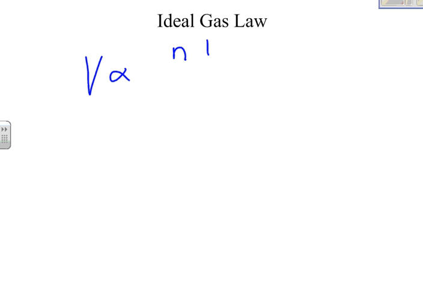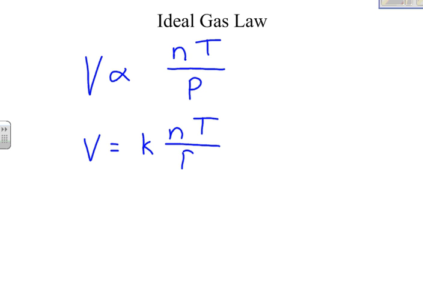It's also proportional to the temperature in Kelvin, and it's inversely proportional to the pressure. If we put this into an equation, we get volume is equal to a constant times the number of moles, temperature, and divided by the pressure.